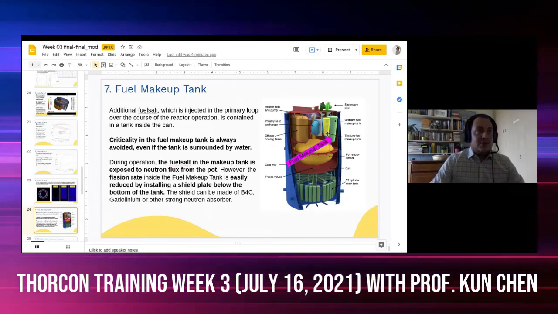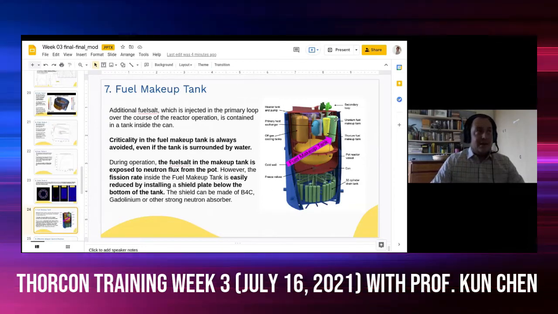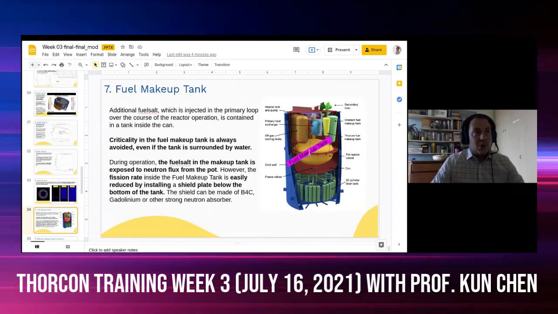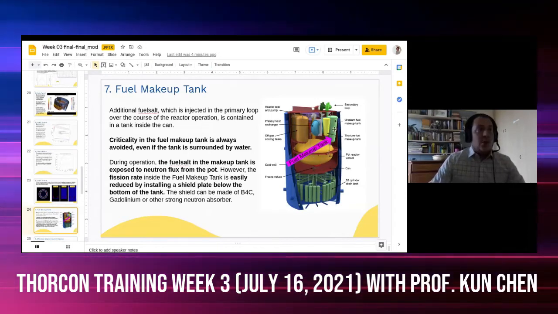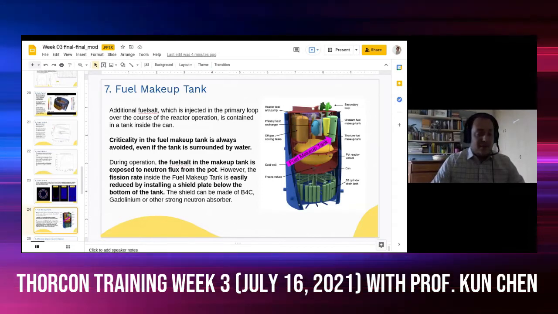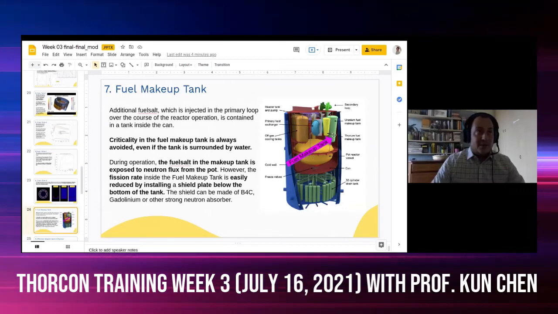Also, the fuel makeup tank, as you can see, is relatively close to the core, so it sees a relatively mild flux of neutrons leaking from the core.